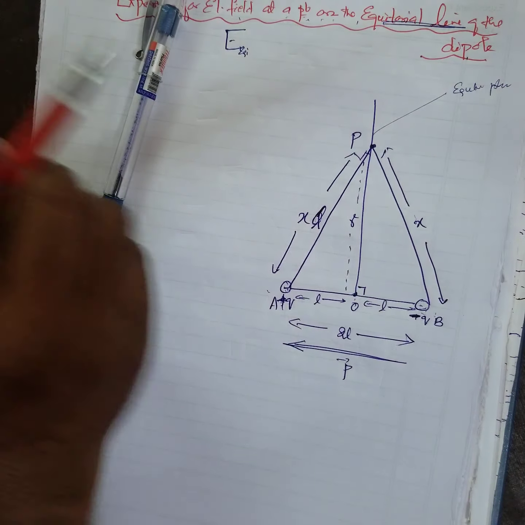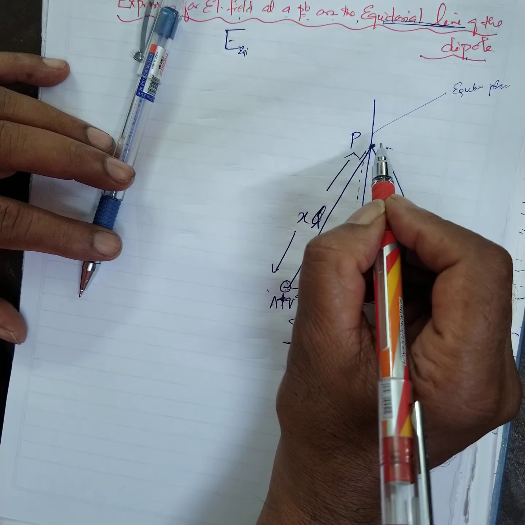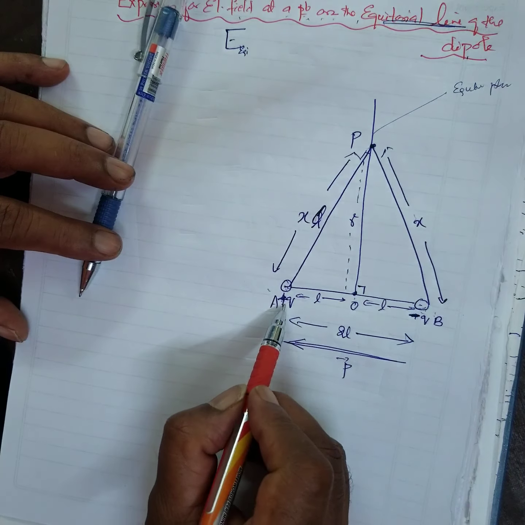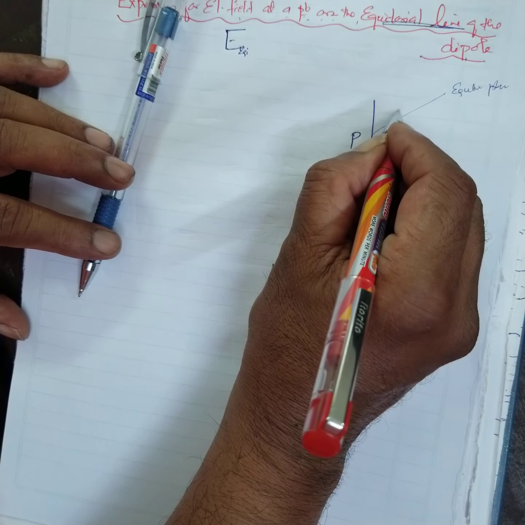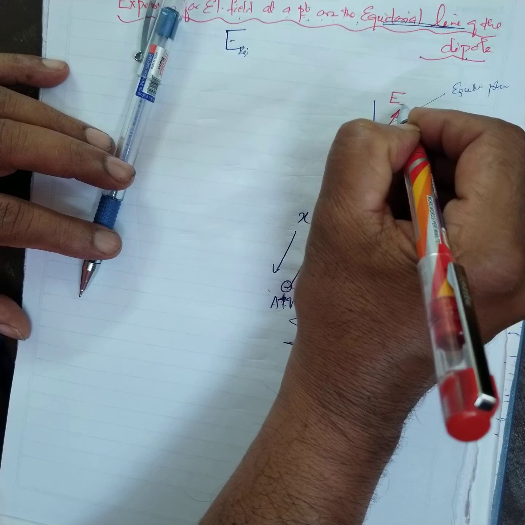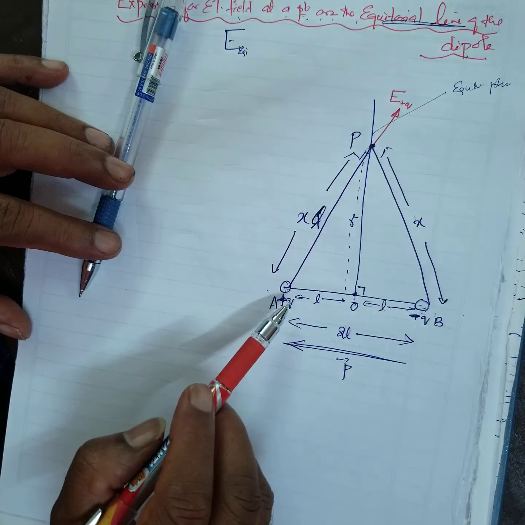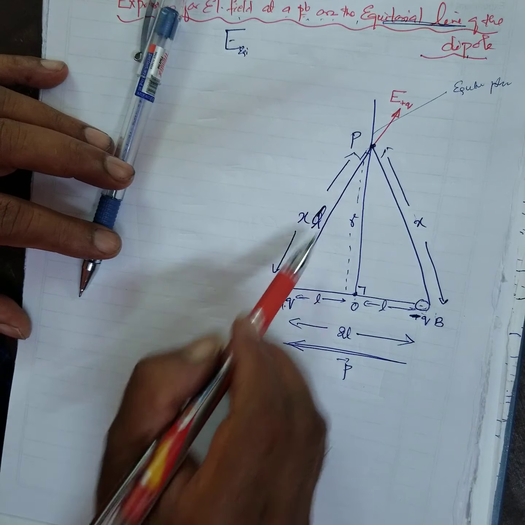Now what is electric field? See, at this point, electric field due to positive charge is along this direction. This is electric field due to positive charge, away from AP.